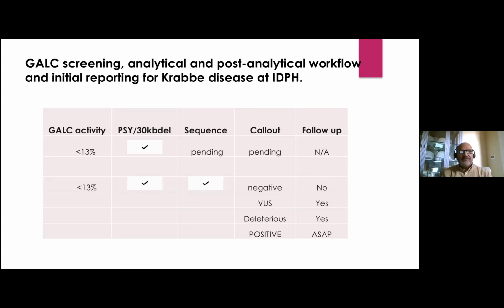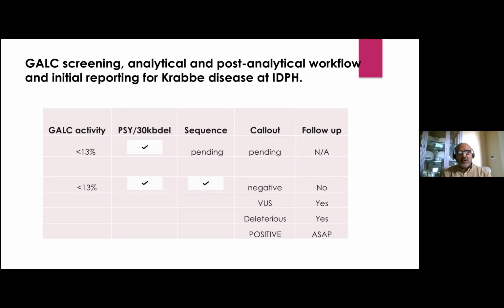After getting these results, we don't release them. Until we get sequencing results, the infant result is pending.